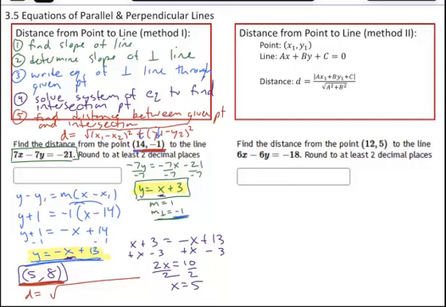And remember, you can enter your answer as a calculation. So if you take the difference of the x's, which is 14 minus 5 squared, plus the difference of the y's, negative 1 minus 8 squared, this right here would be your answer.